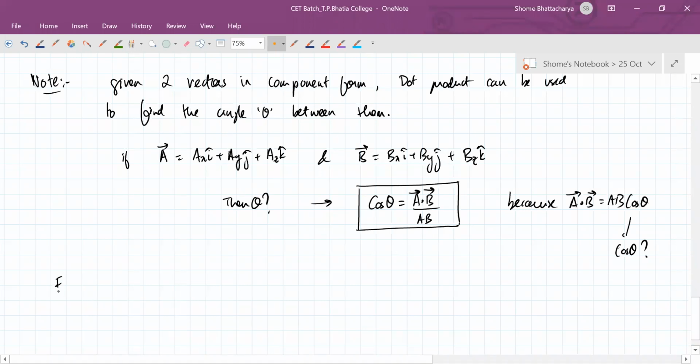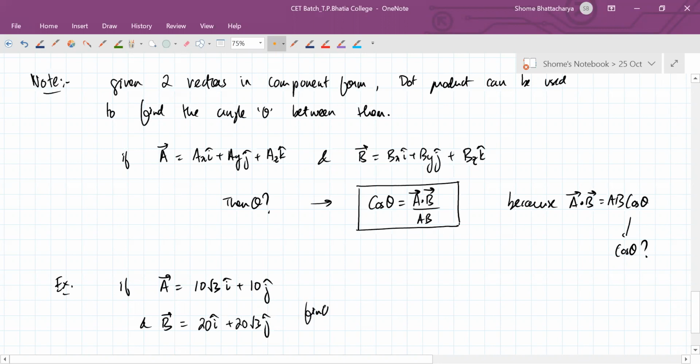So for example, if vector A is, let's say, 10 root 3 i cap plus 10 j cap, and vector B is, let's say, 20 i cap plus 20 root 3 j cap.